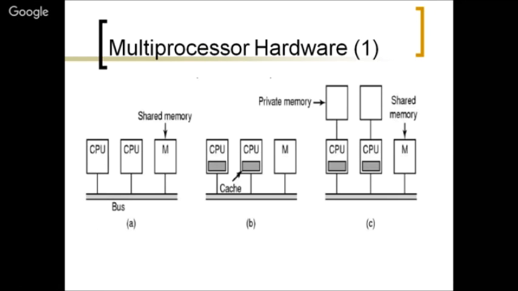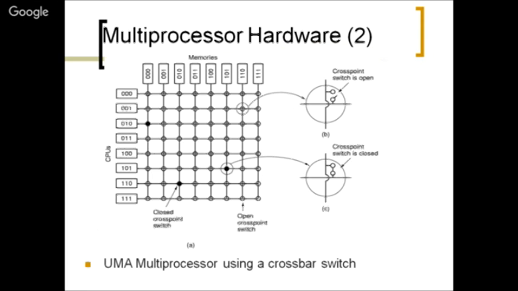If they have their own cache and private memory, their chances of accessing the shared memory are reduced. Due to this, we can scale up to a larger level. That's why we can increase it to some extent.